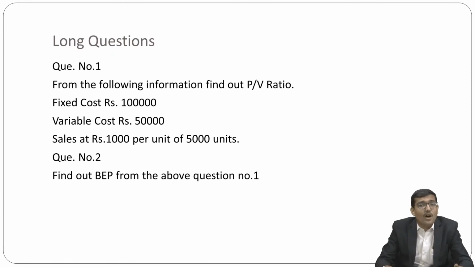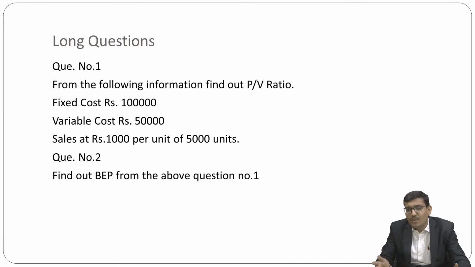The PV ratio formula is contribution divided by sales into 100. Contribution is sales minus variable cost. So you will find the contribution, then divide by sales, that is 5000 into 1000. On that basis you evaluate your PV ratio, that is profit volume ratio.